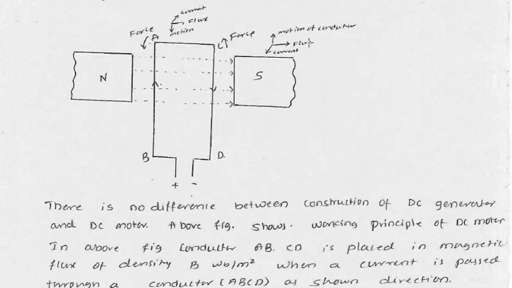So this is the flux, your forefinger, this is your middle finger, the current, then the thumb will show the direction of motion or the direction of the force, which is upward. So the CD conductor will experience an upward force and AB will experience a downward force.